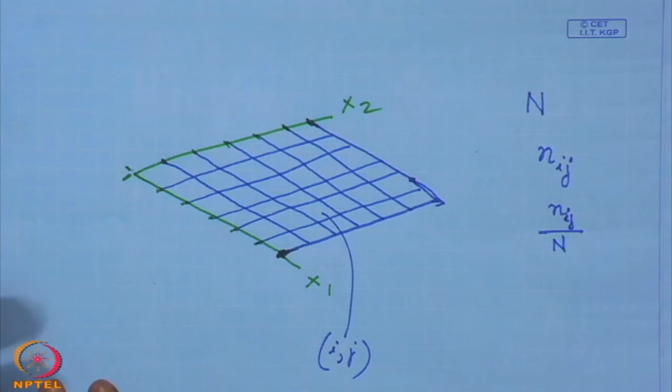And you notice another point: in case of this two dimensional vector, the probability density function is given by a surface.